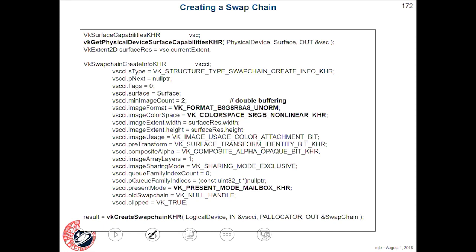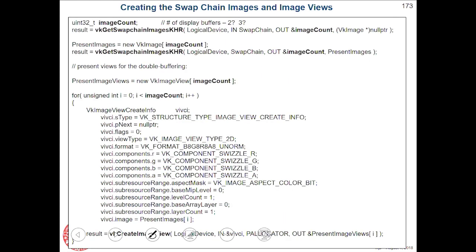The important ones are the image count, the format, the color space, and the present mode. These are the ones that you've got to ask your device, what are you capable of supporting? And then when you find that out, here are the things I want the swap chain to be able to do. You set up some things ahead of time.